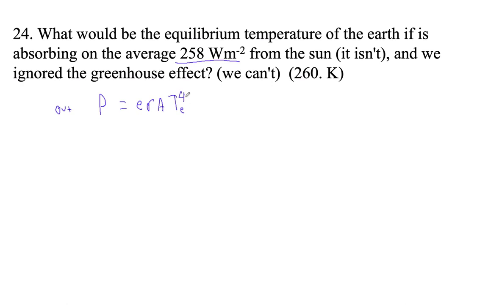Now, if we turn that into an intensity, intensity is just power divided by area, right? So luckily, we don't need to involve 4 pi r squared or anything here, right? This is the intensity. It's watts per square meter. So we're going to end up with this intensity is equal to emissivity times Stefan Boltzmann constant times the temperature of the Earth to the fourth.